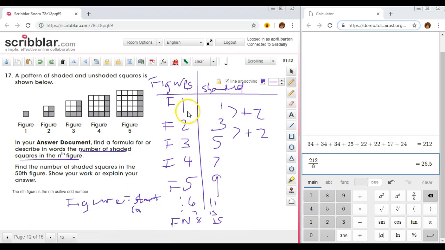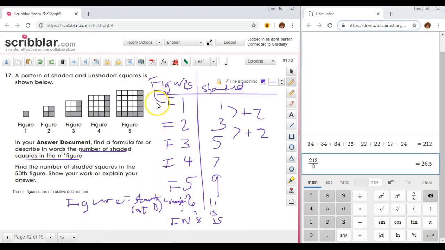Right now we only have figure 1. If we went backwards to figure 0, plus the change in between each figure times n, times the figure number. Sorry, it got kind of smushed there.